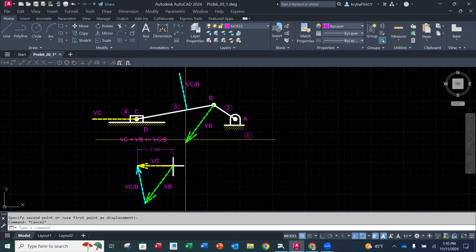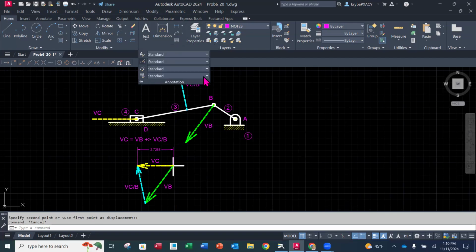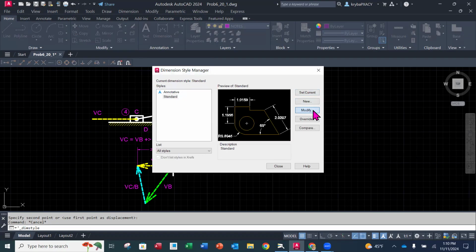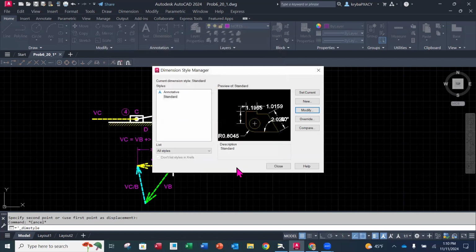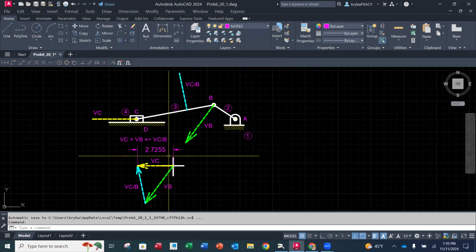And you have to make sure that this dimension is a little small here. So what I probably would do, not that it has to be exactly the same as everything else, is modify it. If you go on the Fit tab and change this to 2, set as current and then close, it makes it a little bit bigger. If it's grainy, too small, or not a color I can differentiate, I am not going to squint and try to figure it out.